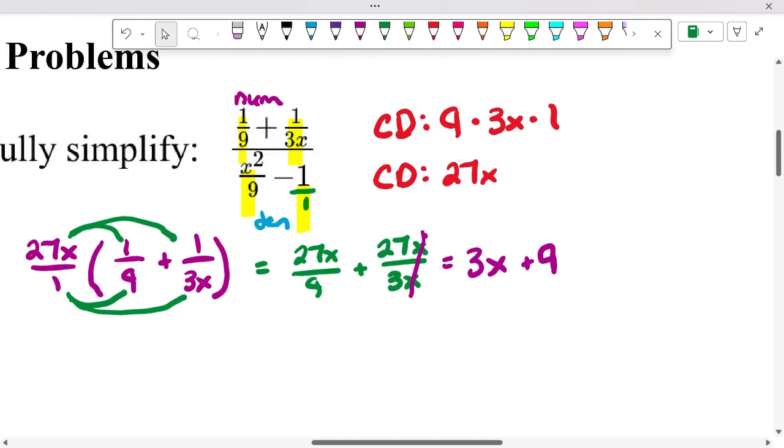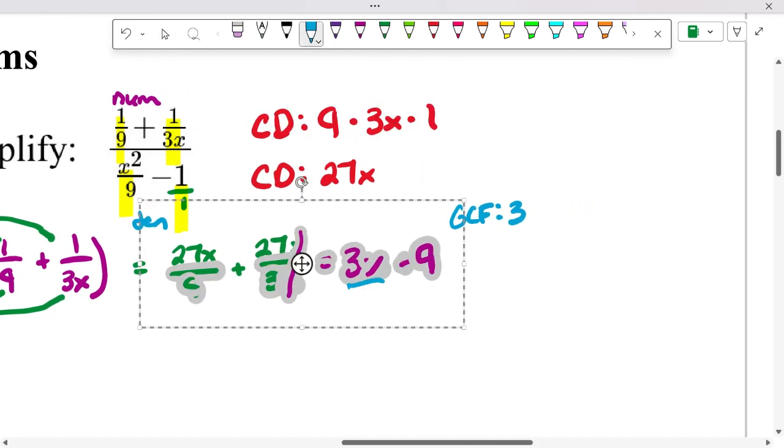So this is now my new numerator. Now, because we have to do some simplifying, and we already know how to simplify a rational, we're just going to go ahead and factor it so we don't have to do it later. So if I want to factor 3x plus 9, what's the only way I can factor it? By taking a GCF of 3.